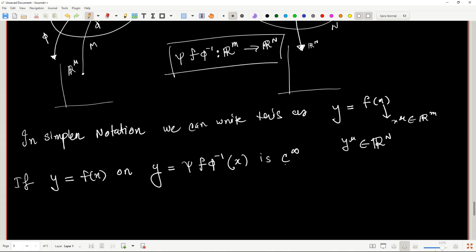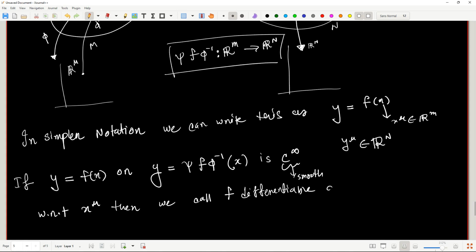This is how we denote smooth; the word smooth can be denoted by C infinity. If this is smooth with respect to all the x^mu, that means x1, x2, x3, up to xm, then we call f differentiable at point P.